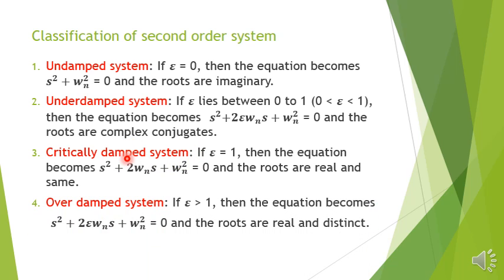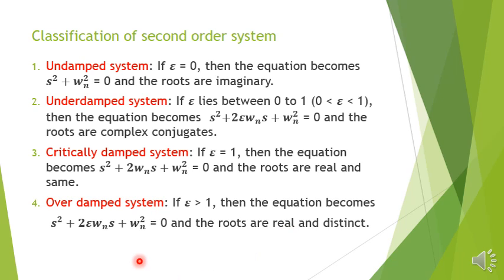And the fourth and last one is the overdamped system. That is, if zeta is greater than 1, then the roots are real but distinct. You can consider the example s square plus 4s plus 3. Here 4s, 2 zeta omega n is equal to 4, which is greater than omega n square.